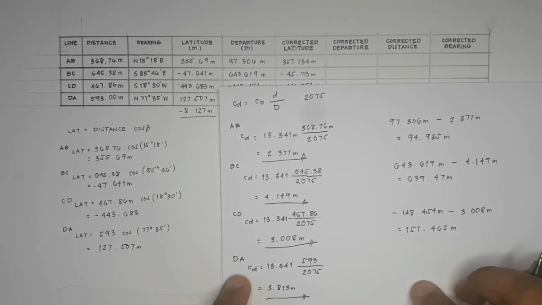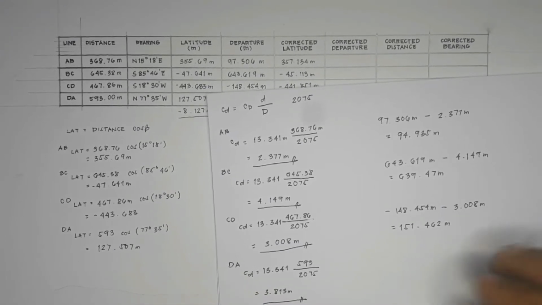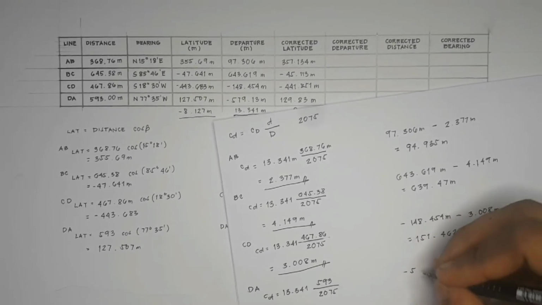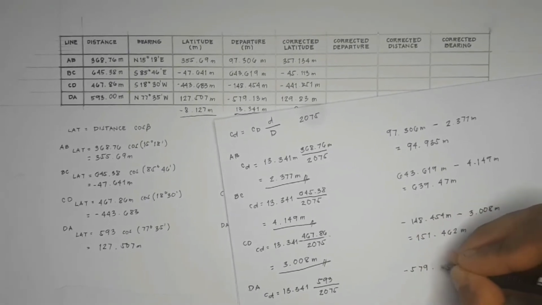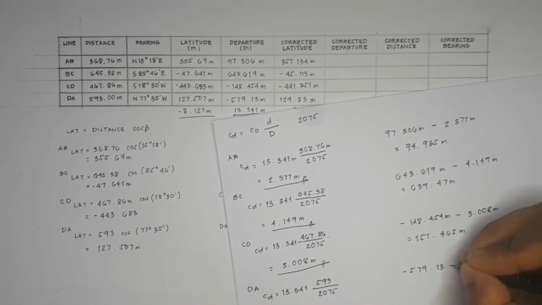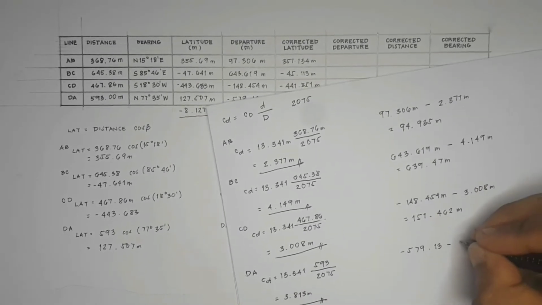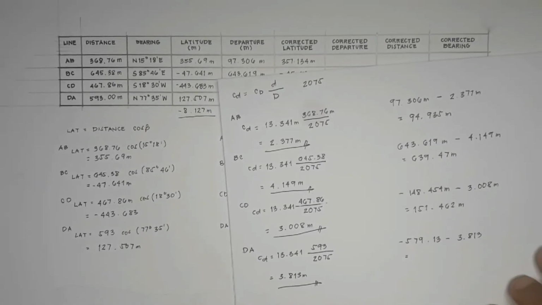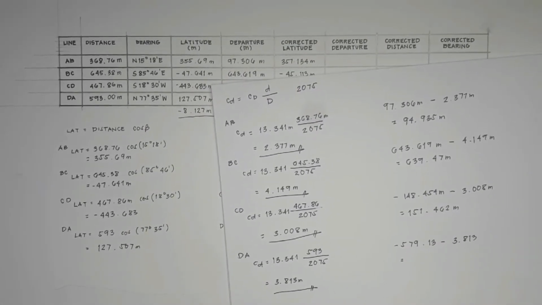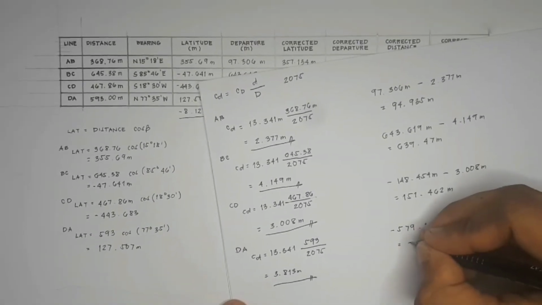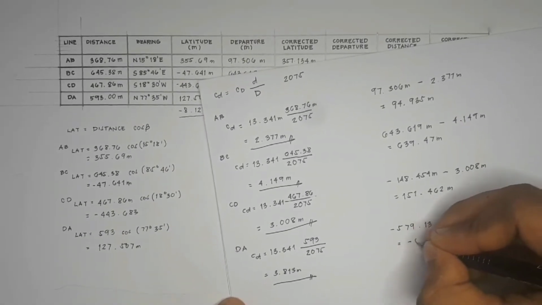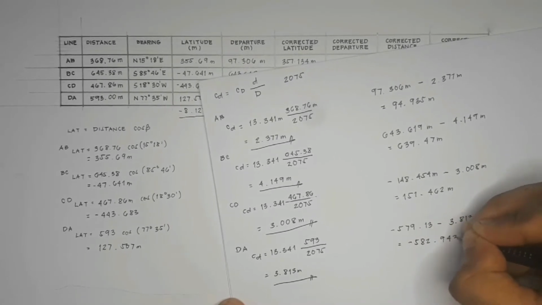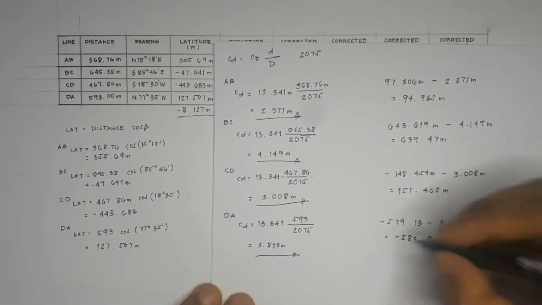And for line DA, we have its departure, negative 579.13 minus its correction, 3.813, and this gives us negative 582.943 meters.